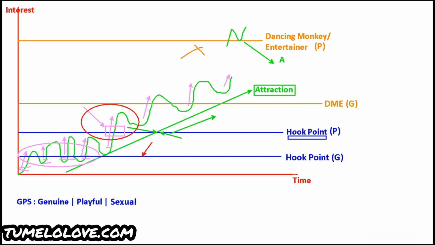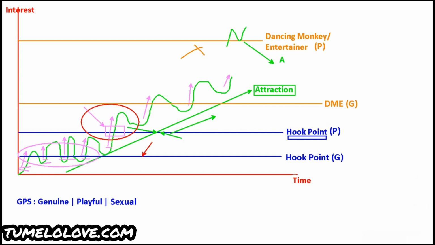And this is super important. When it comes to hooking, there are hooking techniques that you use when the girl is in a playful vibe, and there are specific hooking techniques that you use when she's in a genuine vibe, because the number of spikes that you need, and how often you need to spike her, is different.